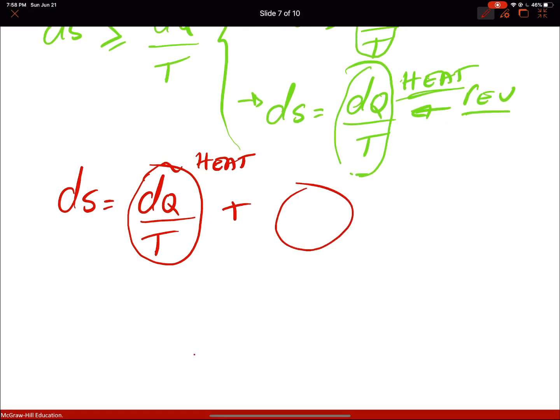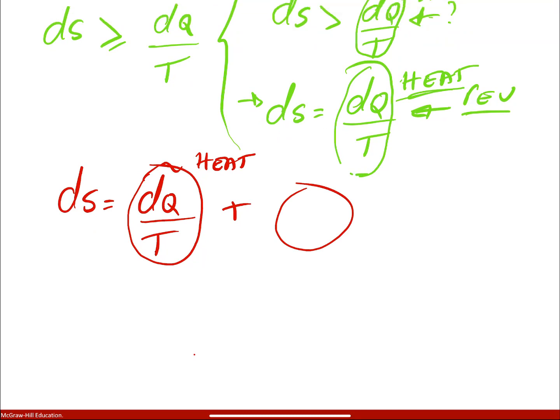This has to be plus something else that we don't know, and we're going to call this generated, because that's what happened when Clausius was working with this new relation.